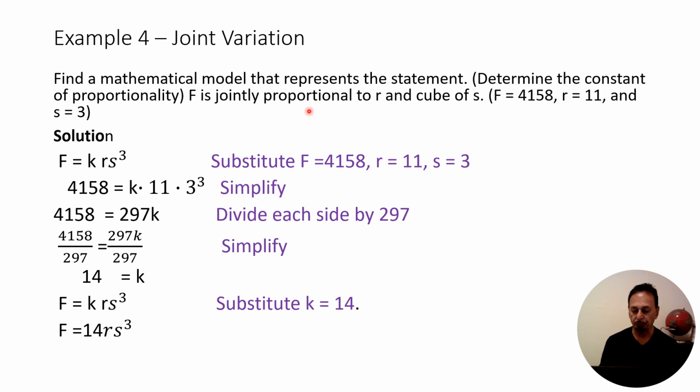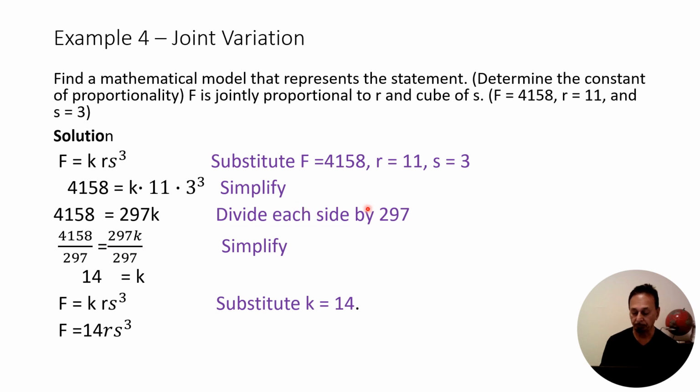So F is jointly proportional to r and the cube of s. There is no word directly, there is no word inversely, so we'll assume directly and we write F equals k times r times s to the power 3.